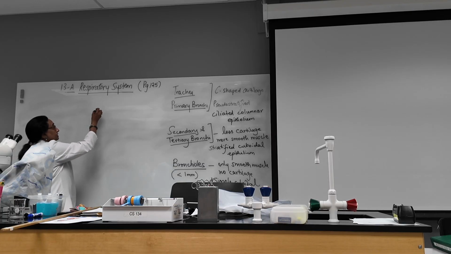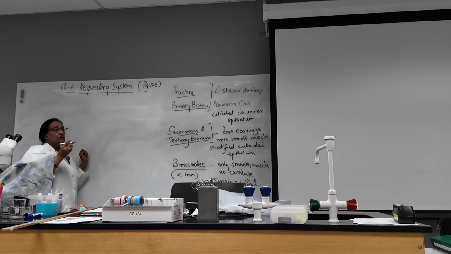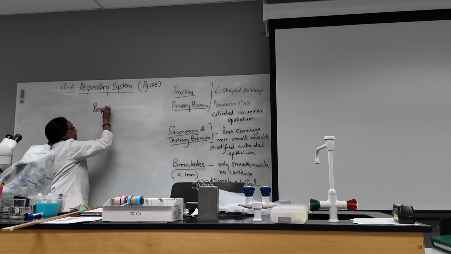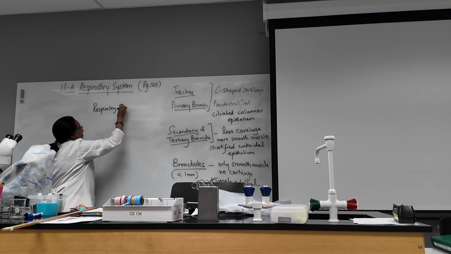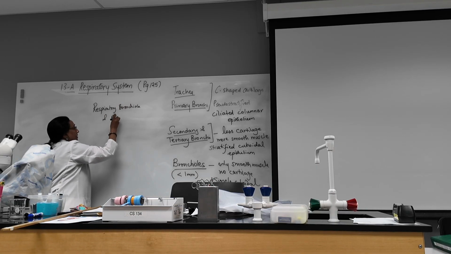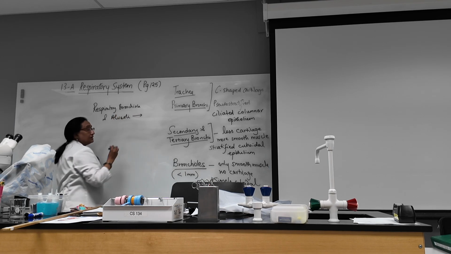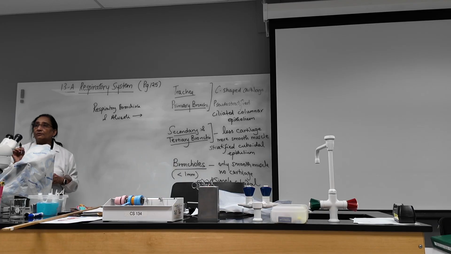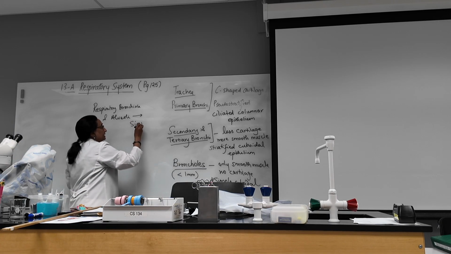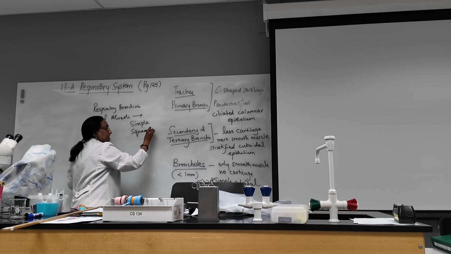And then once you reach the respiratory zone, the respiratory bronchiole and the alveoli, here you're only going to see simple squamous epithelium. Why? Because this is where gas exchange occurs.